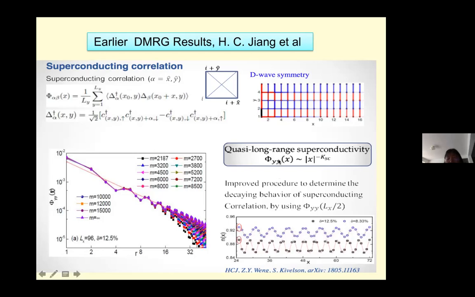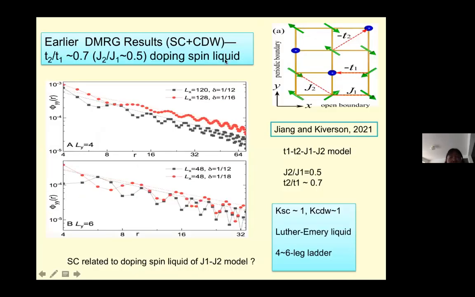The superconducting quasi-long-range order has an exponent around 1, and the density correlation has a similar power law behavior. More recent work by the same group focused on the six-leg ladder and the comparison with the four-leg ladder with a large t2.